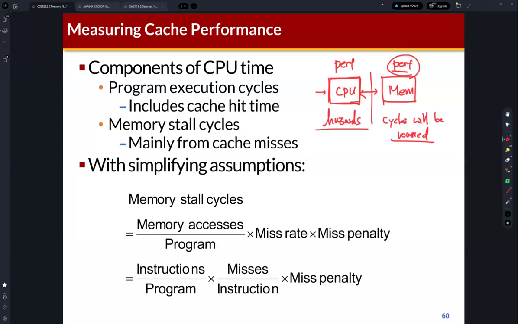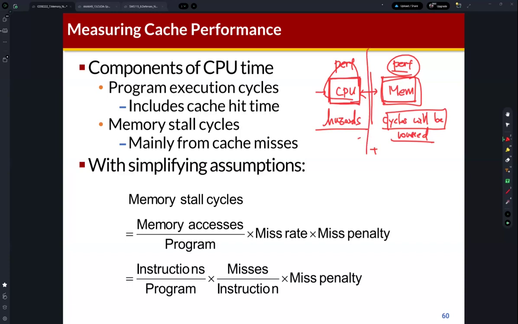So when we consider the performance of a memory system, we can just add these wasted cycles to the performance of the CPU. So we can understand the performance impacts by the memory system like this, right? Firstly, we assume the memory is ideal, so it's perfect, and we do not consider the performance of the memory system.